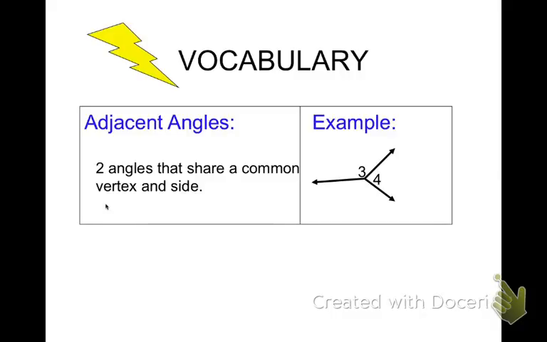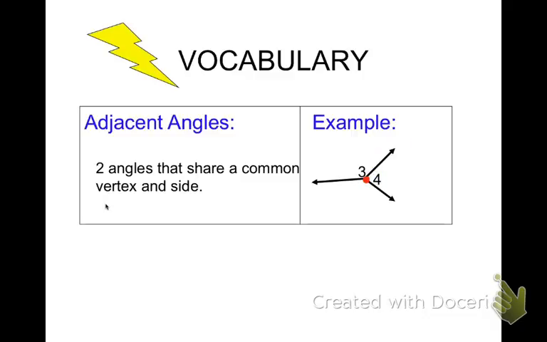So up here in this example, angle 3 and angle 4 would be adjacent angles. Where's the common vertex? Right here in the middle. Good. And the common side is this ray that I'm highlighting in yellow, right? Highlight it in green. So that's your common side. So they have a common vertex and a common side.